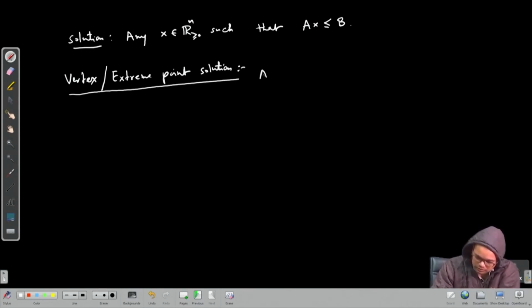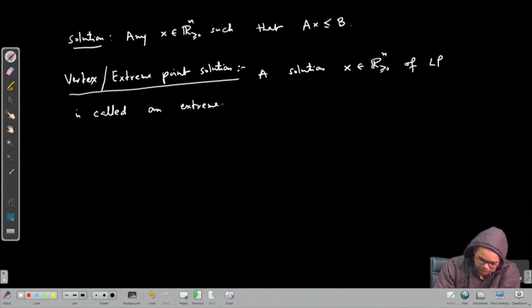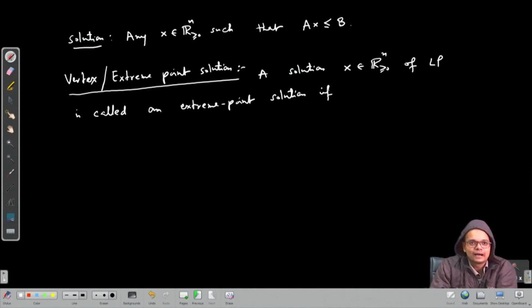A solution x of the LP is called an extreme point solution if x cannot be written as a convex combination of two other solutions.